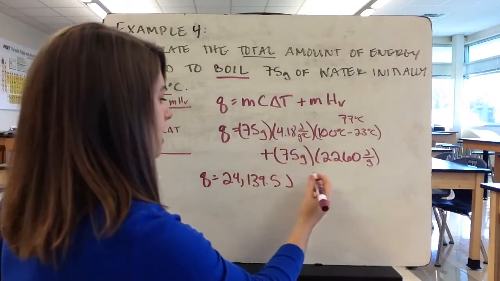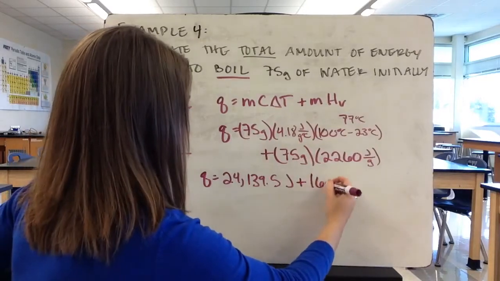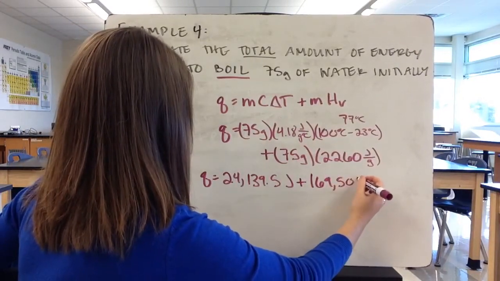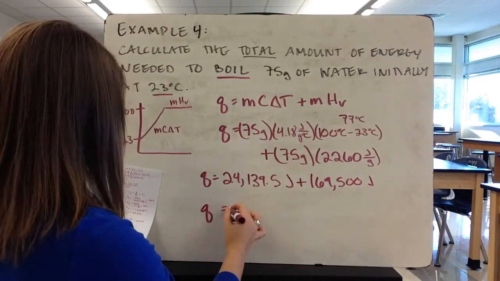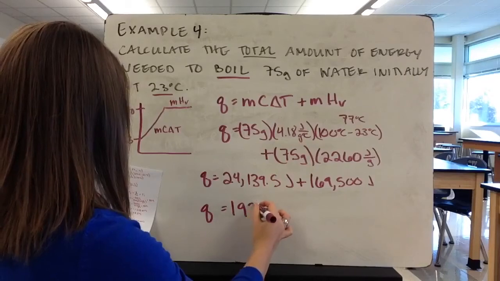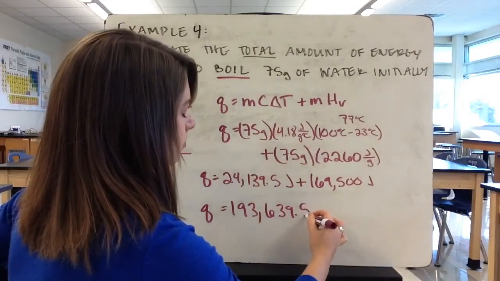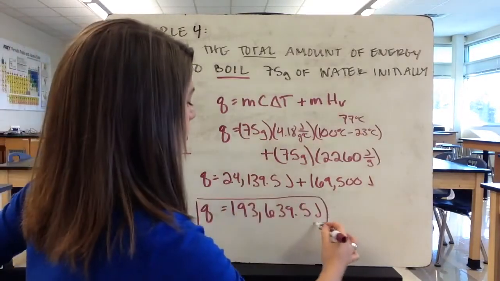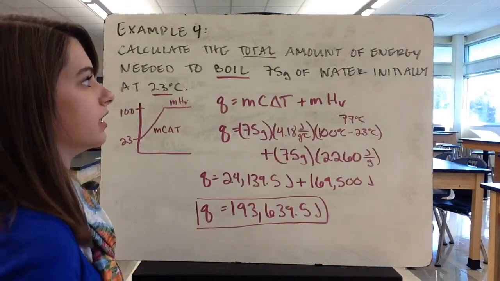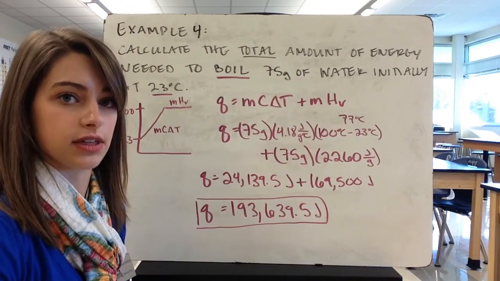And 75 times 2,260 gets us 169,500 joules. If you add them together, our total energy would be 193,639.5 joules. So this is how much energy total we would need to heat up 75 grams of water and then to completely boil 75 grams of water.